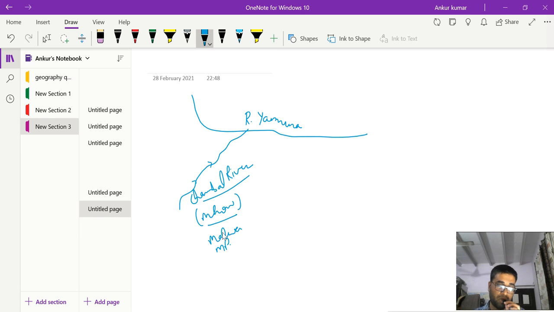Right, so this much is to be remembered. The left bank tributary of Chambal is Banas. Here, this is Banas River, and this is the left bank tributary. The right bank tributary of the Chambal is Kali Sindh. This is Kali Sindh River.